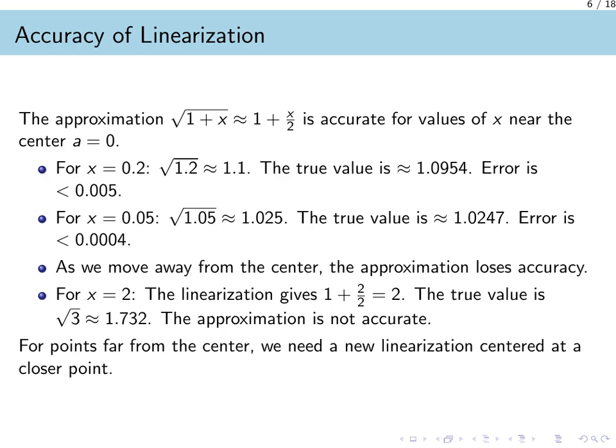However, as we move away from the center, the accuracy degrades significantly. If we try to evaluate at x equals 2, the linearization gives a result of 2, while the true value of the square root of 3 is about 1.732. This demonstrates that a linear approximation is only reliable in a small neighborhood around its center.